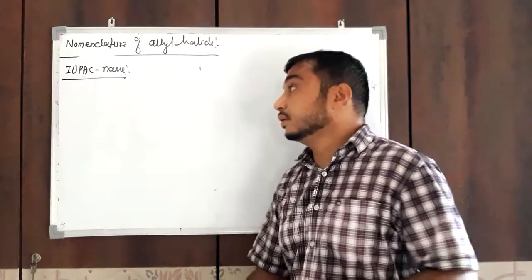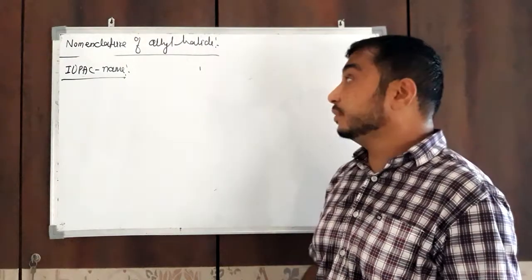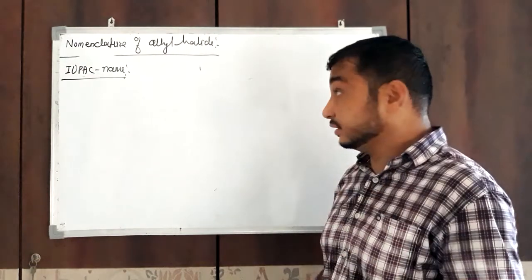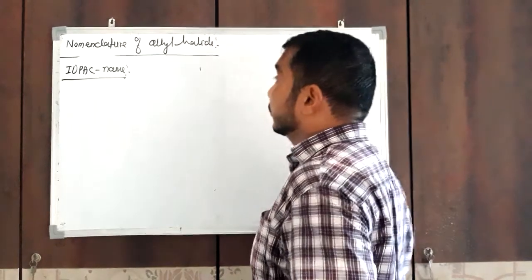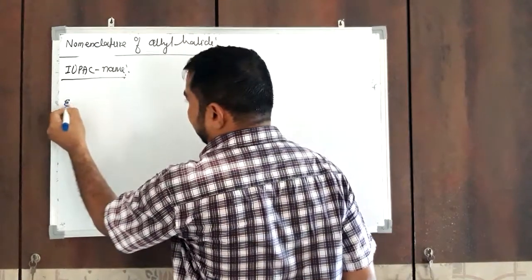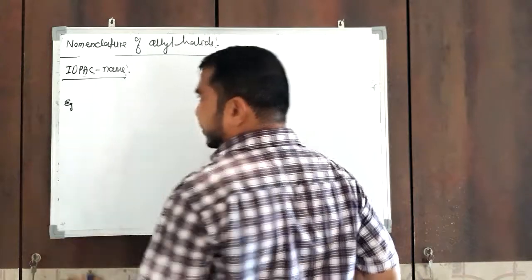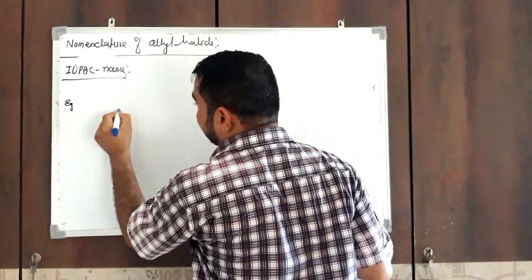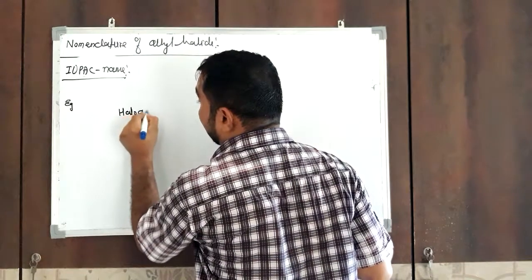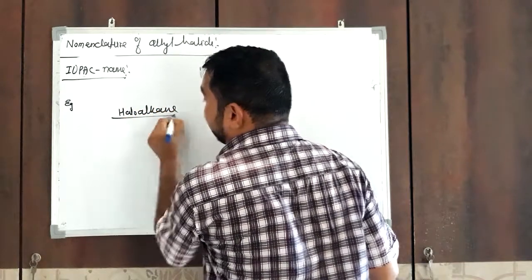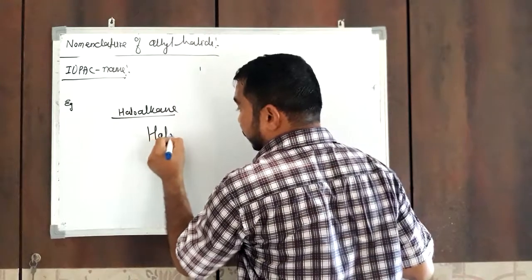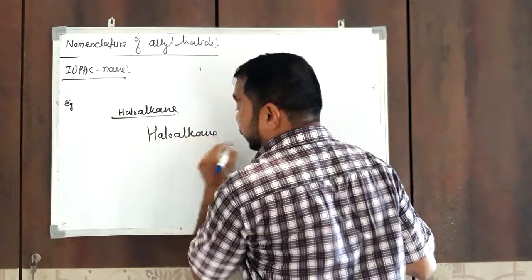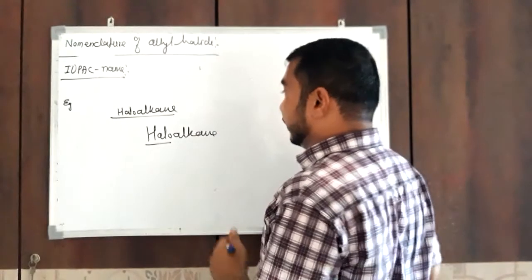So student, now we will discuss IUPAC nomenclature of alkyl halide. In IUPAC nomenclature, the name of the alkyl halide is haloalkane. Haloalkane means we have to name the halogen atom as halo, followed by the name of the alkane.